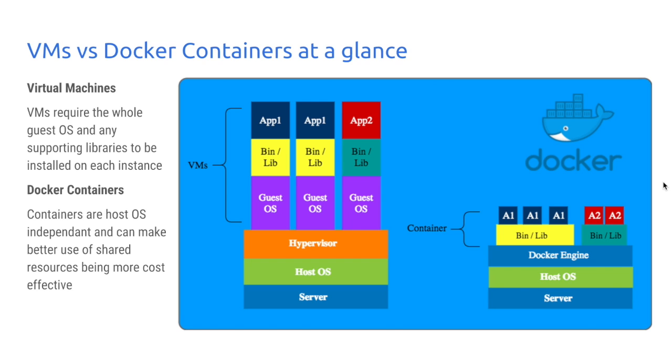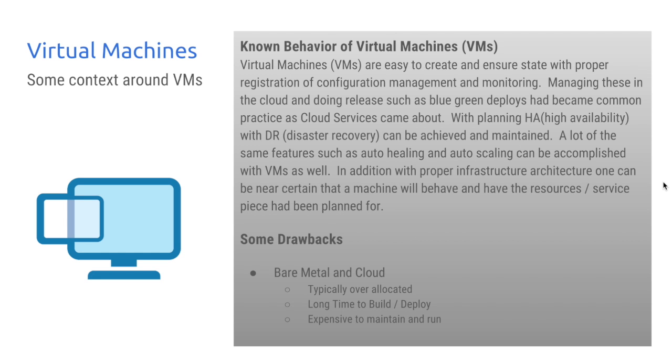Let's talk a little bit about the virtual machines themselves, because you can't get a lot of the same things out of them. I'm talking about IaC again here, with Chef, Puppet, Salt, and Ansible. So, the known behavior of virtual machines. Virtual machines over the years have become very easy to create and ensure proper registration, configuration management, and monitoring.